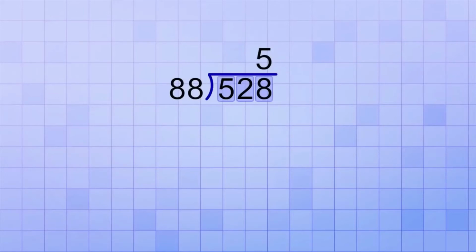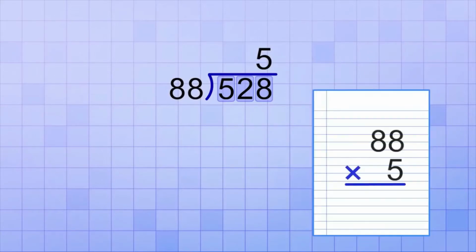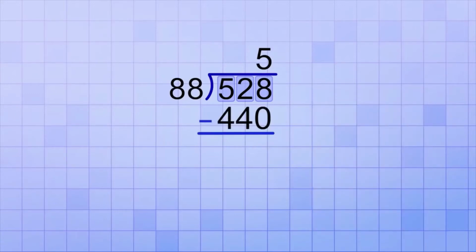To check to see how good that estimate is, we multiply 5 by 88 and then subtract that from 528 to see what the remainder is. Now, 5 times 88 is kind of tricky on its own, so you may want to use scratch paper to work it out. 5 times 88 is 440, and when we subtract 440 from 528, we get a remainder of 88.